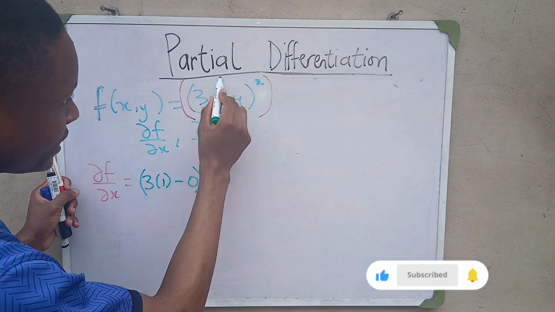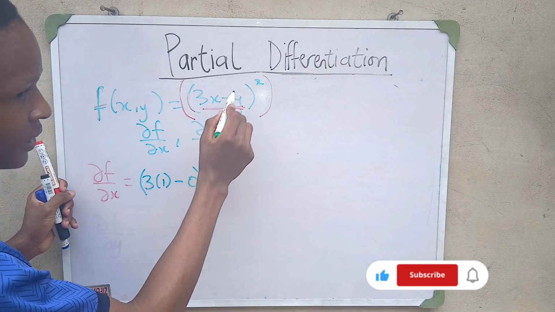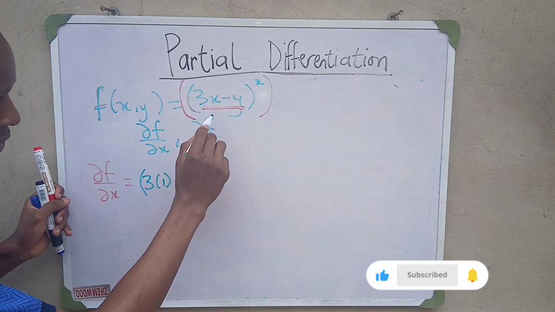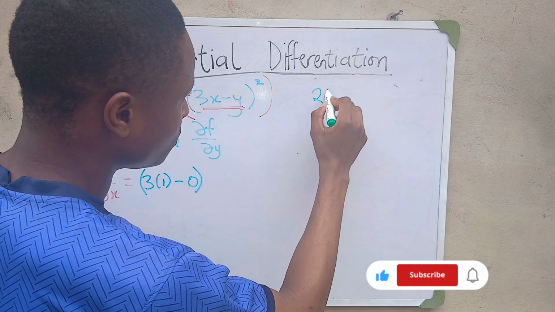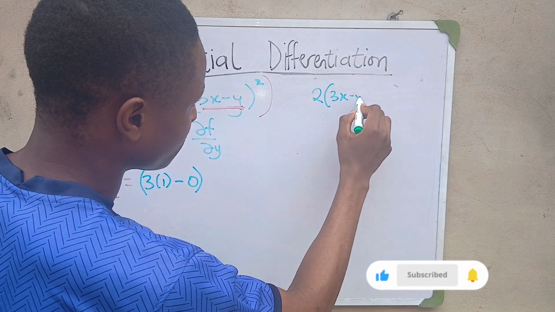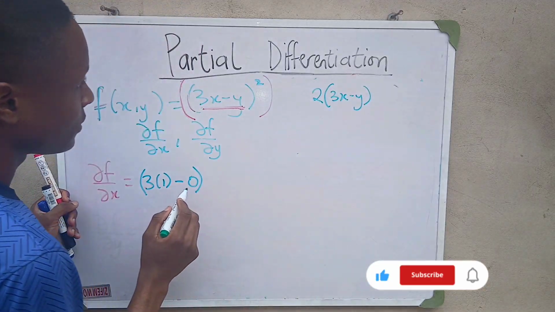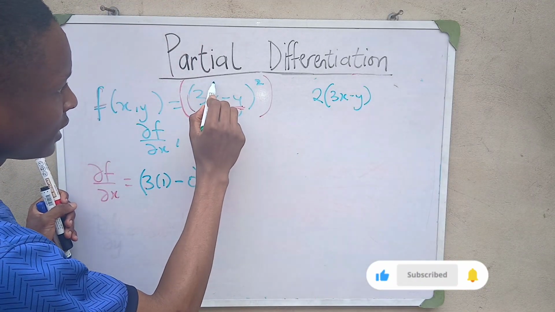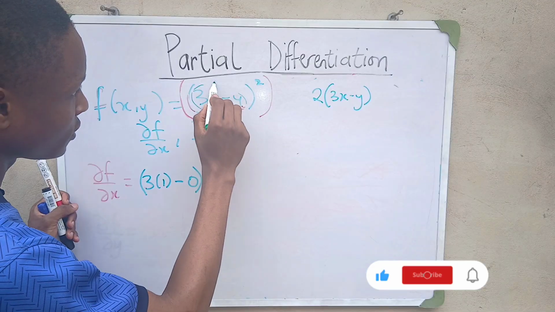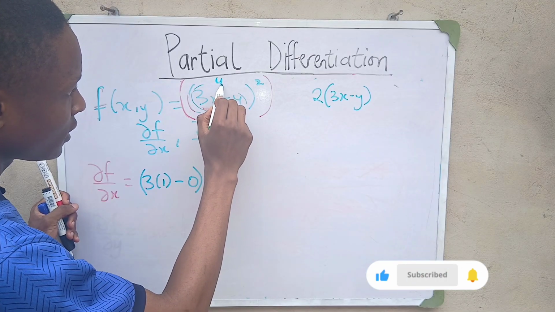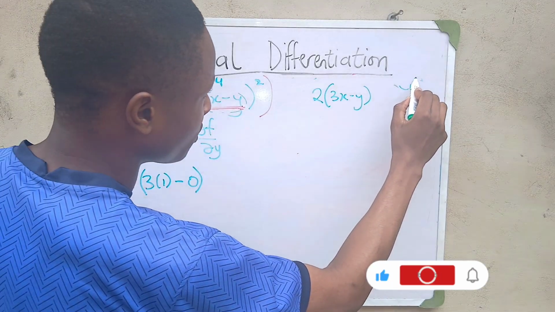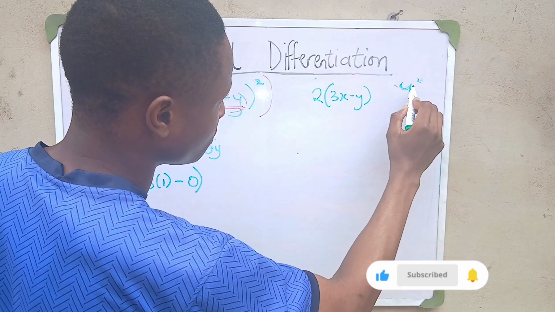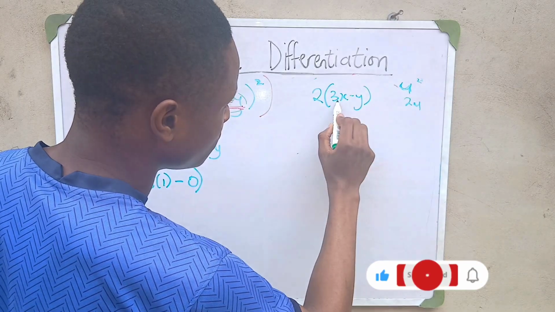Now we differentiate the outer function. Differentiating the outer function, we're going to be having 2 into 3x minus y, because let's call this function u. So it will now be looking like u squared, and we'll now be differentiating u squared, which is 2u, and u is this value.